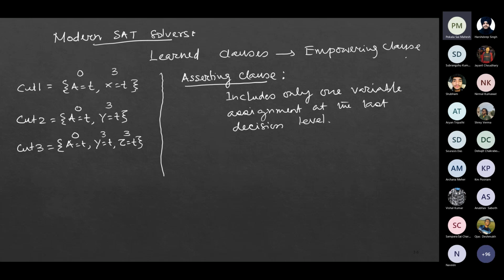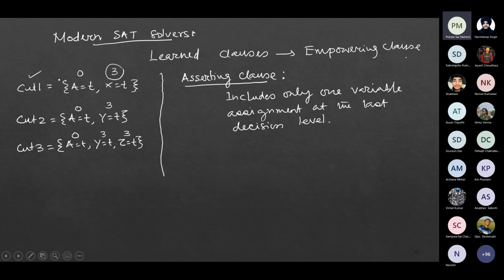So let us take these three and see which one is an asserting clause. We have two assignments, and in the last level, which is 3, we are assigning only one value. So this is one asserting clause.